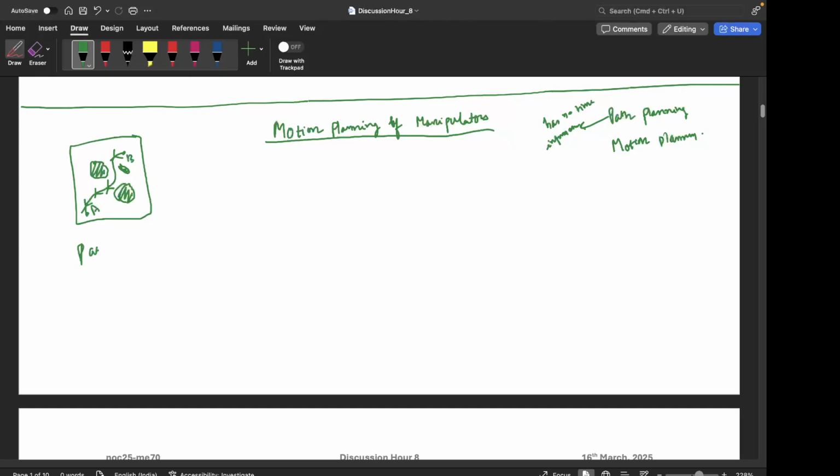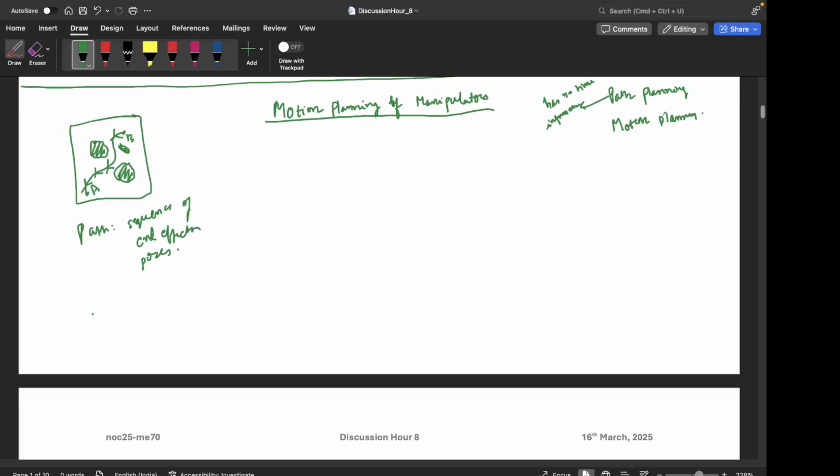So a path would be just a sequence of end effector poses that should be followed in order to reach from point A to point B while avoiding these obstacles. On the other hand, when I say motion planning, that brings into the picture the factor of time.